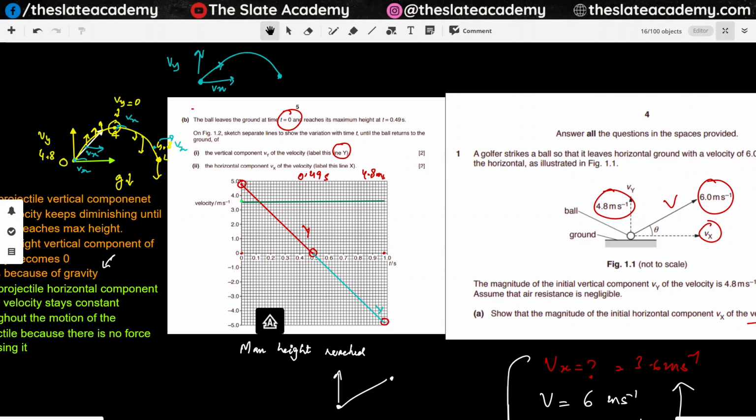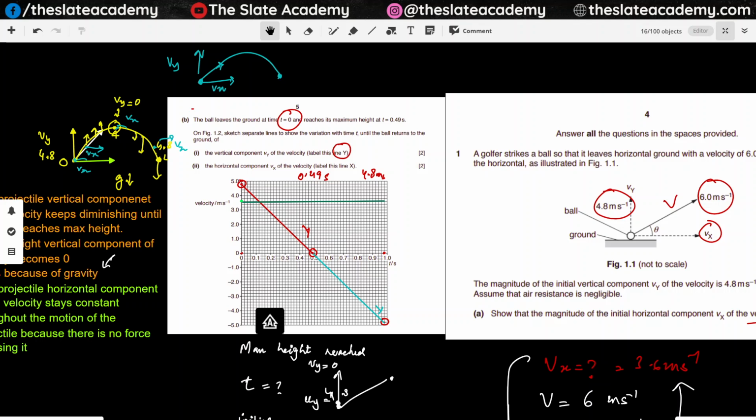Initial vertical velocity Uy is 4.8, and final vertical velocity Vy is 0, right? So first of all, what do I have to calculate? I have to calculate the time it takes to reach the maximum height.